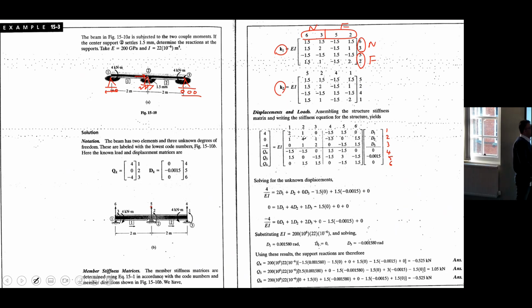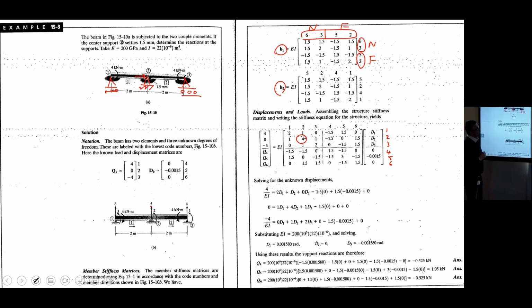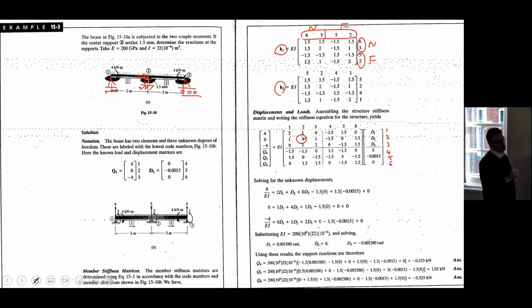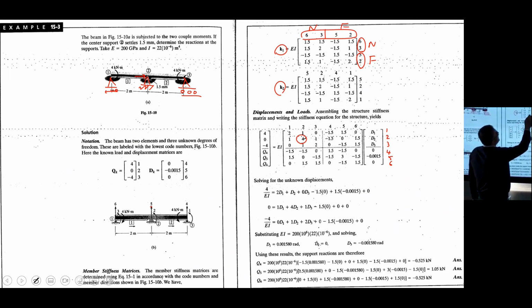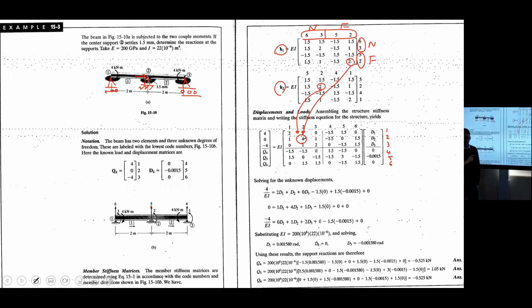For example, where does this 4 come from? It's row 2, column 2. So this goes here, and also this goes here, because they are row 2, column 2.